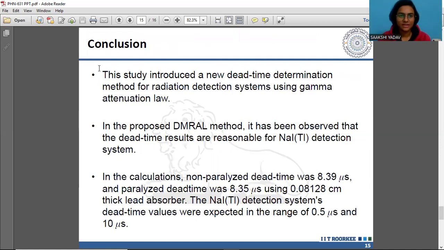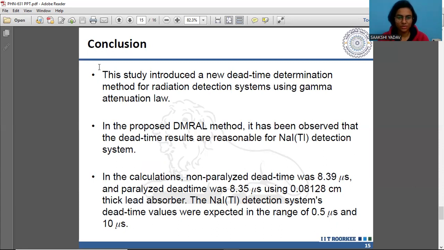So here we conclude that this study introduced a new dead time determination method for radiation detection systems using the gamma attenuation law. And in this proposed DMRAL method, it has been observed that the dead time results are reasonable for the sodium iodide thallium detection system.